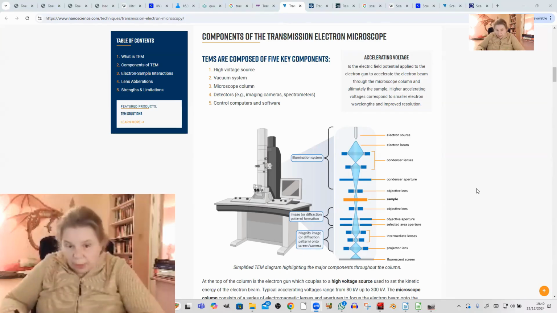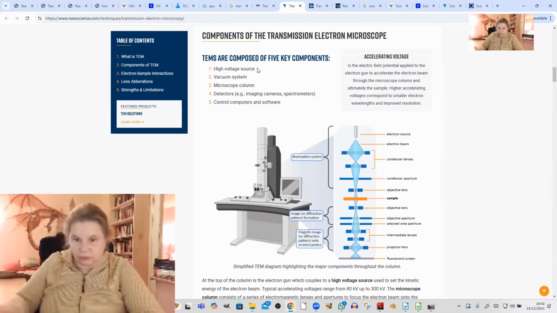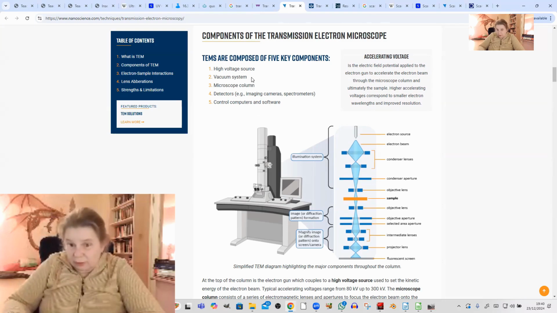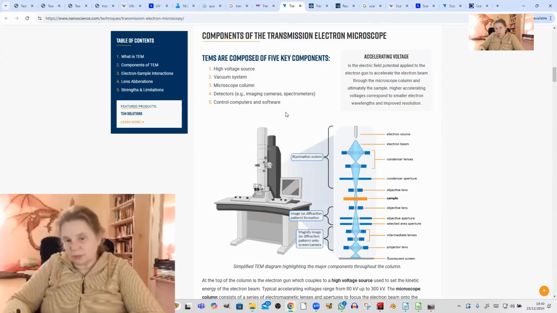So they talk about the 5 key components: the high voltage source, because you've got to have an accelerating voltage, a good vacuum system, the microscope's column, which is all of those magnetic lenses, and detectors, so that's a camera, a spectrometer, and sometimes a fluorescent screen, and you've got to control it with the computer. So those are the 5 main parts.